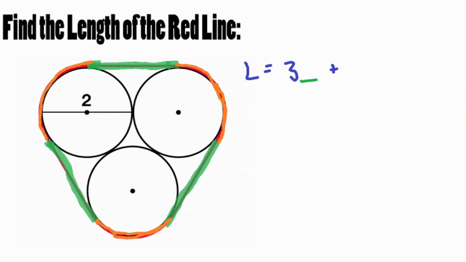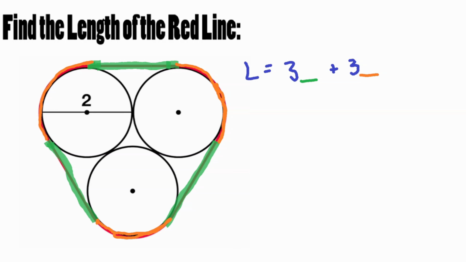These are also identical to one another, since each orange is the outside curvature of the circle, and each circle is the same size. So our length will be 3 times the green segment plus 3 times the orange segment. As you can see, this already covers the whole length of our red line, our perimeter.